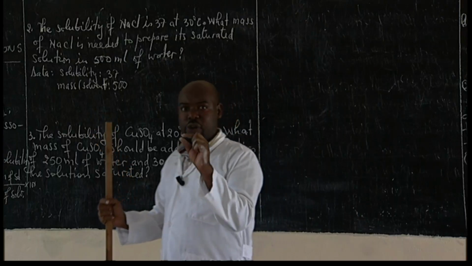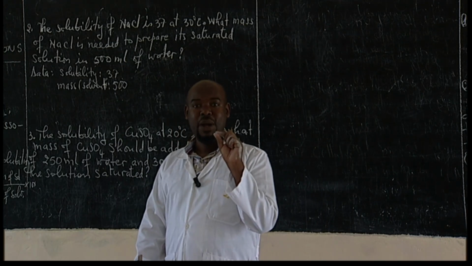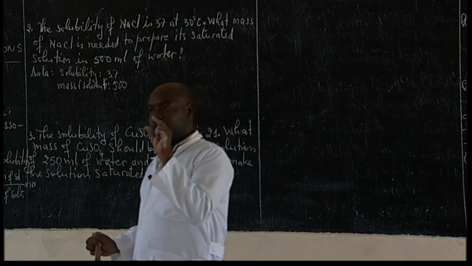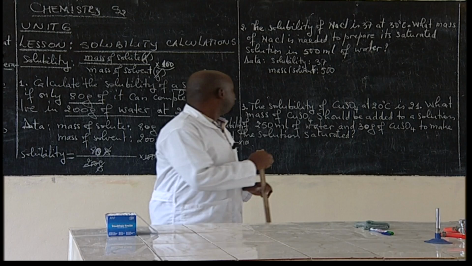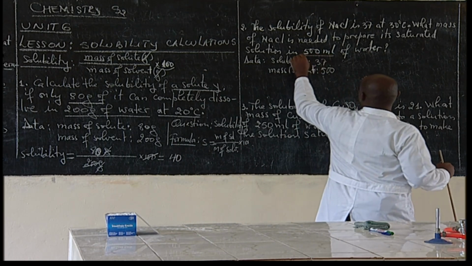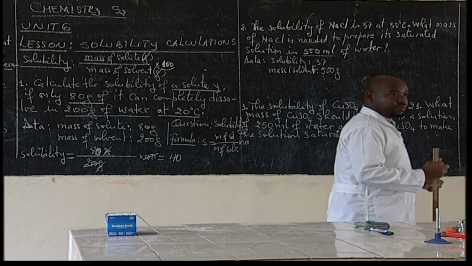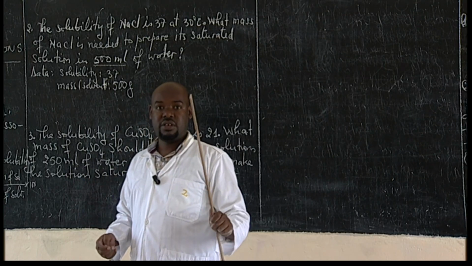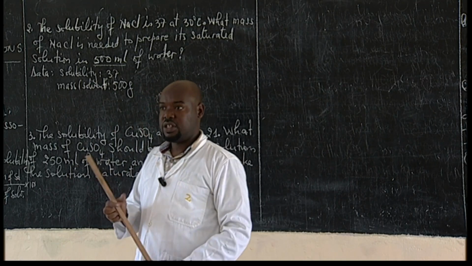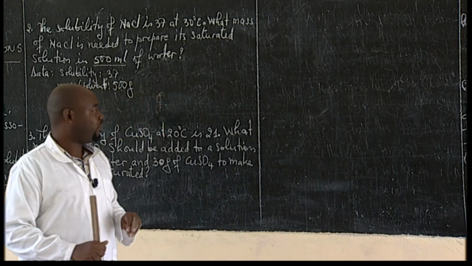Do you remember how we convert milliliters into the mass? 1 milliliter of pure water is equal to 1 gram of pure water. So if we have 500 milliliters, then we have 500 grams. It's just density. If you have density and you have volume, you can find the mass.